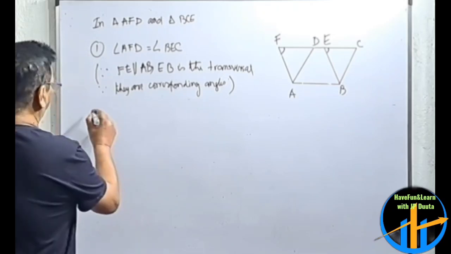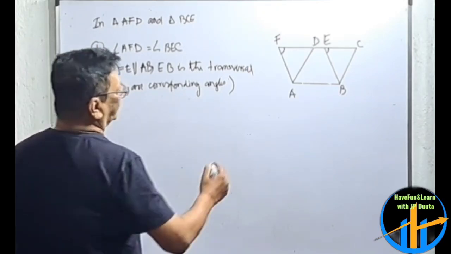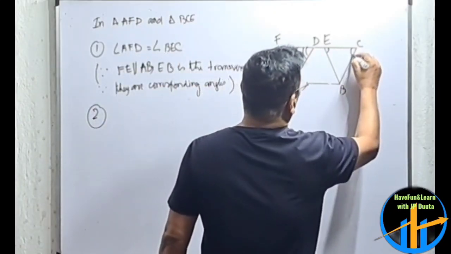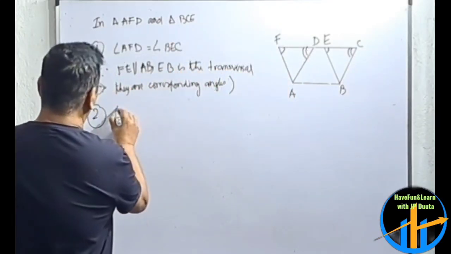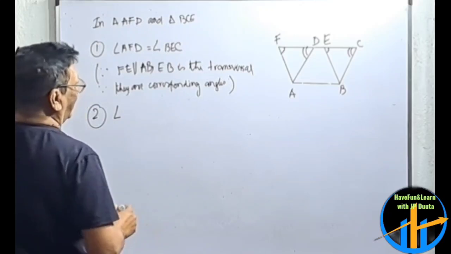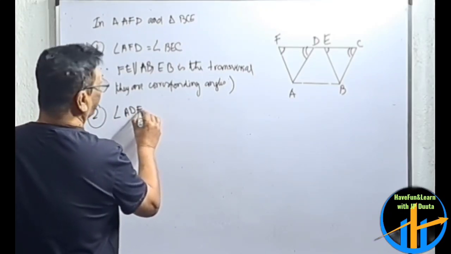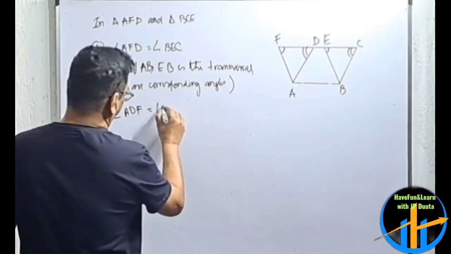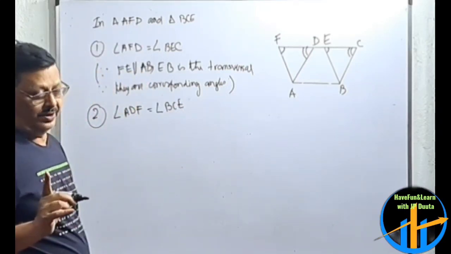Now, number 2. Now see, this angle will be equal to this angle, right? So, angle ADF is equal to angle BCE. Again, you want reasons, right?